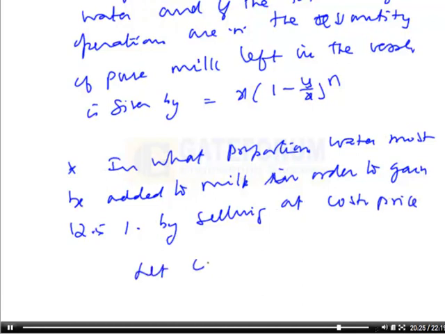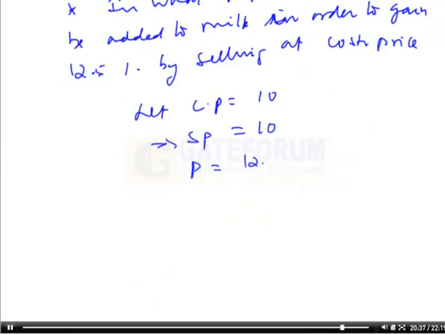Let us assume the cost price to be 10. Then selling price is also 10. It is selling at cost price. And the profit is 12.5%.